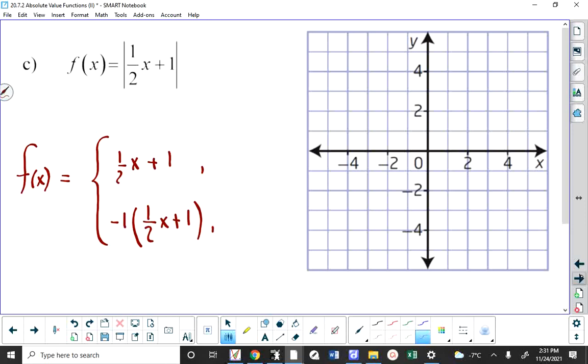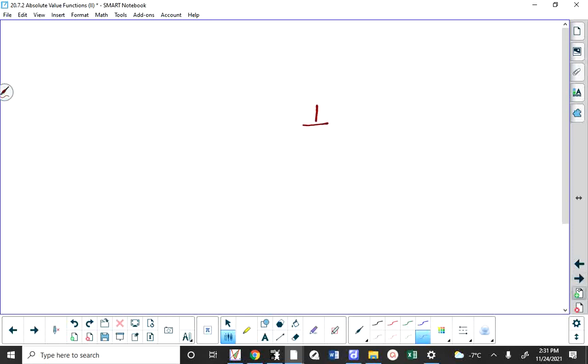How do we determine the subdomain? We basically take the thing inside the absolute value sign, set it greater than or equal to 0, and solve for x.